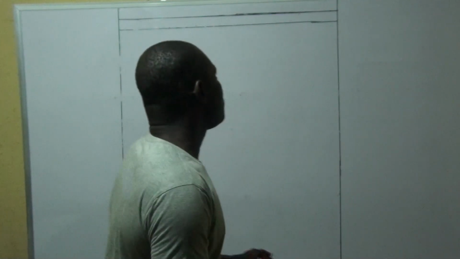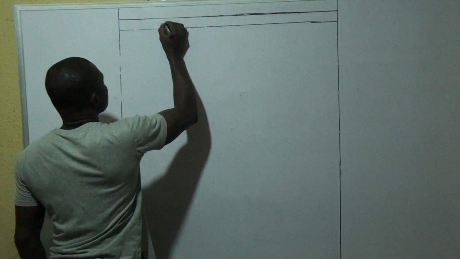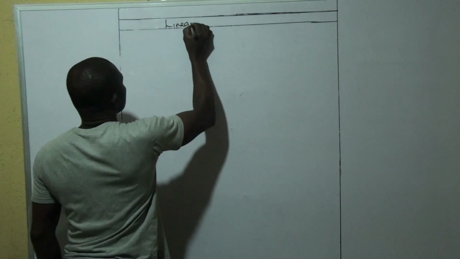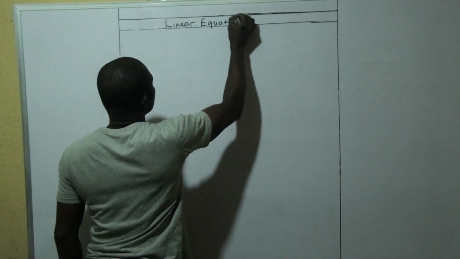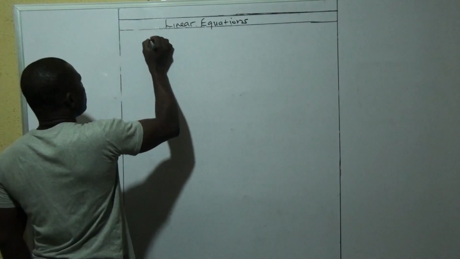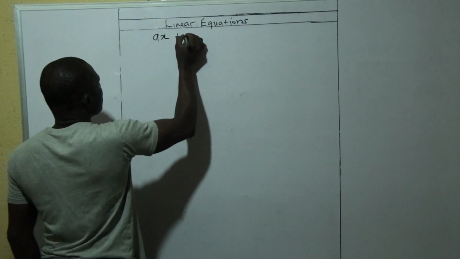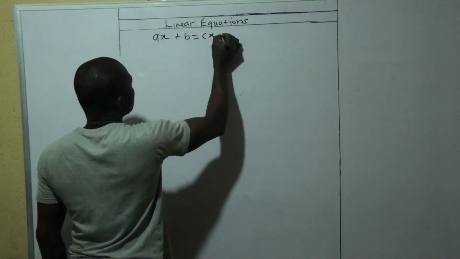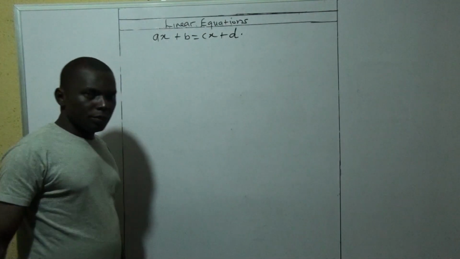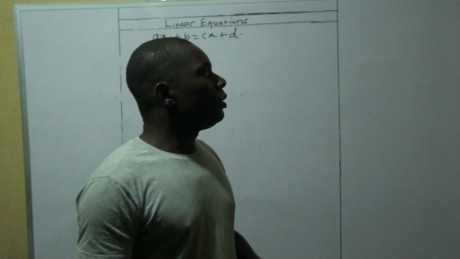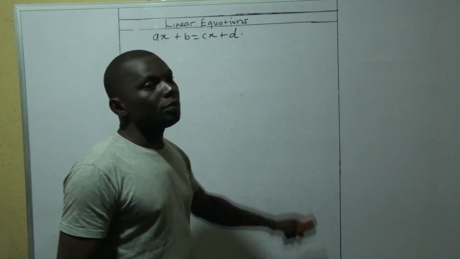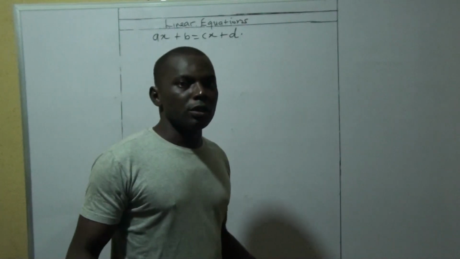So today we're going to look at how we resolve a linear equation of this form: ax plus b is equals to cx plus d. This is typically what we're going to look at today. If you come across a linear equation of this form, how do we really resolve it?